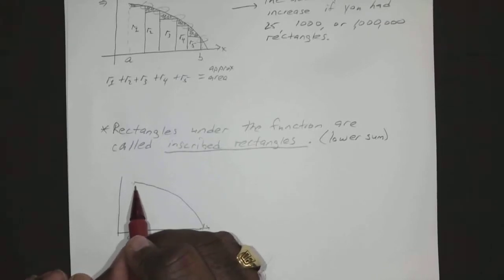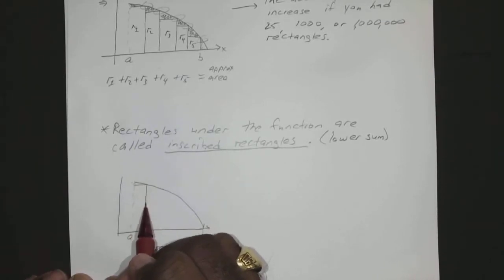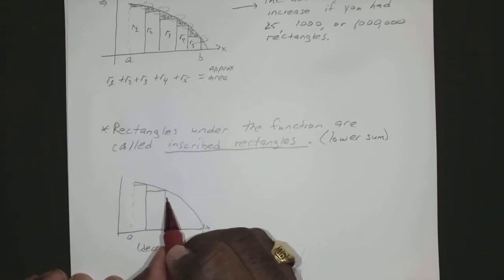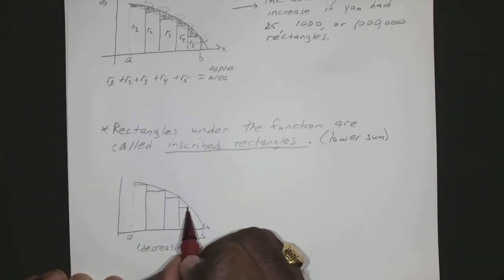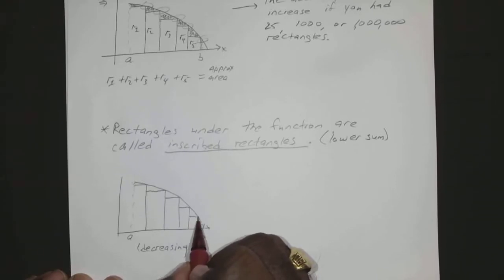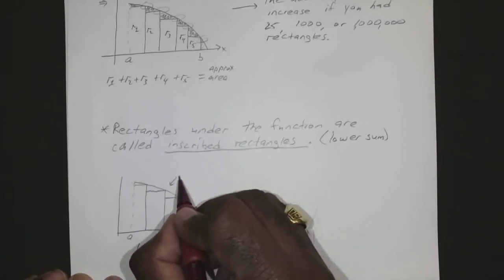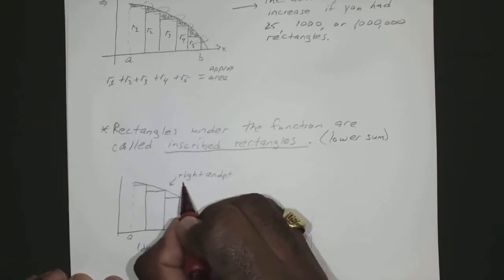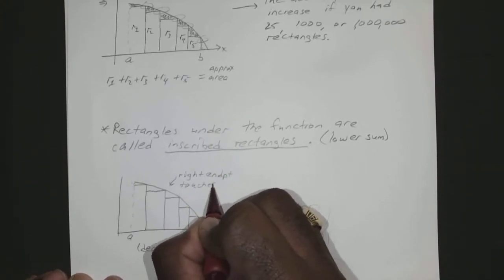So our inscribed rectangles all have a right endpoint that touch the graph. So our right endpoint touches the graph or the function.